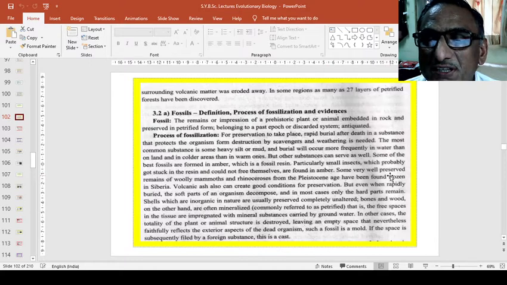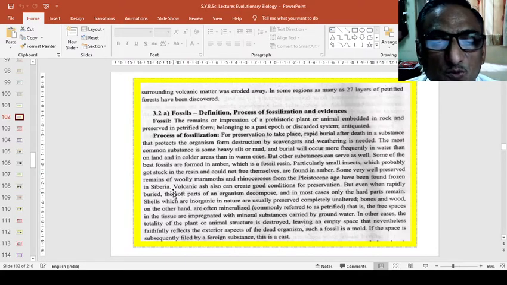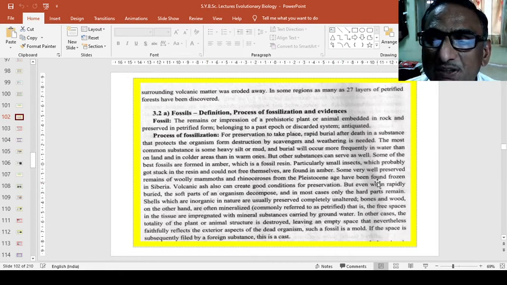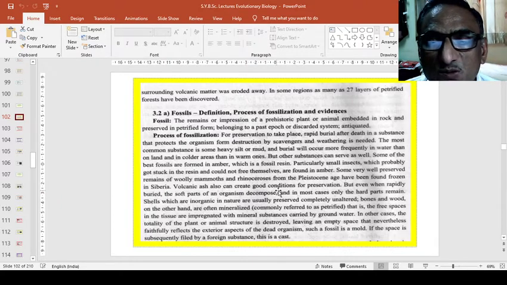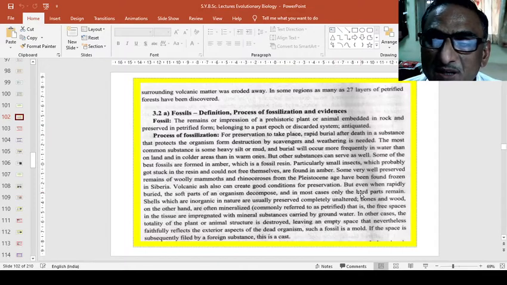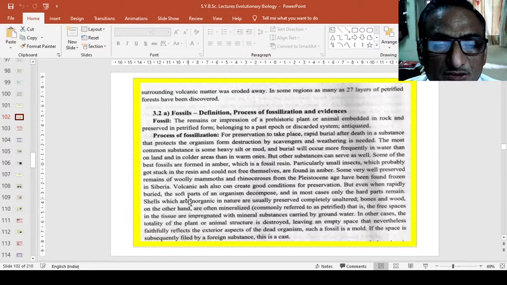So some very well preserved remains of woolly mammoths and rhinoceroses from the Pleistocene age have been found frozen in Siberia. Volcanic ash also can create good conditions for preservation, but even when rapidly buried, the soft parts of an organism decompose, and in most cases only the hard parts remain.